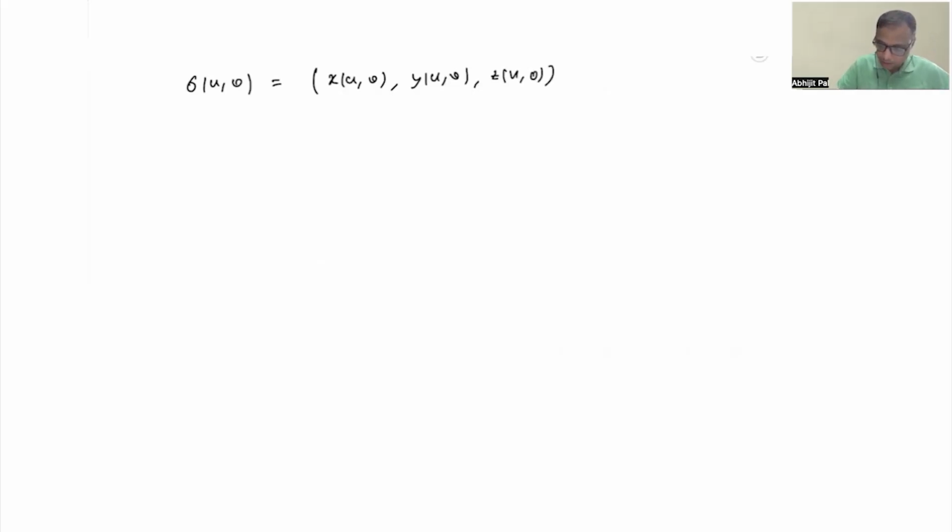Okay, and so x(u,v) is equal to f(v) cos u, y(u,v) is equal to f(v) sin u, and z(u,v) is equal to g(v). Okay, so let us take this thing, and so the partial derivatives of this x, y, z exist, and they exist up to a desired order.